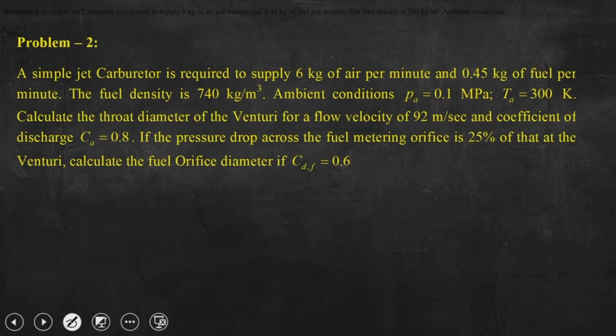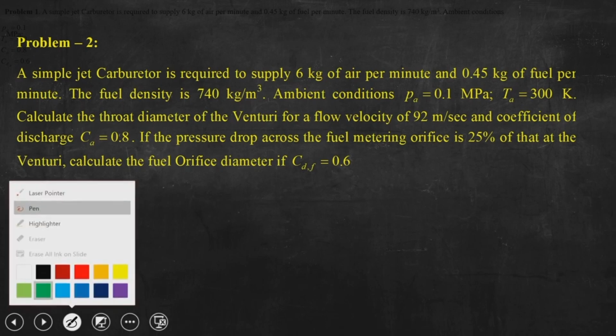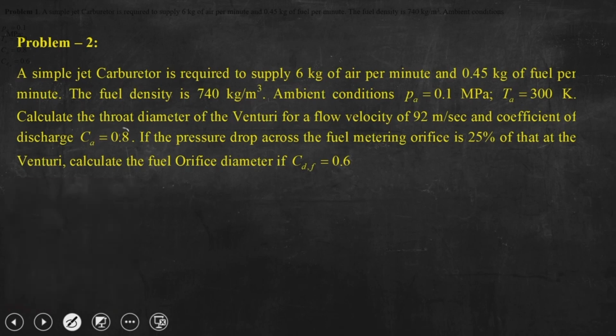As I told, the pressure drop of air at the venturi should be such that the adequate flow velocity can be maintained, and the coefficient of discharge is given as 0.8. It should be CDA, it is written CA. So, if I mark here, this should actually be CDA, CDA is equal to 0.8.